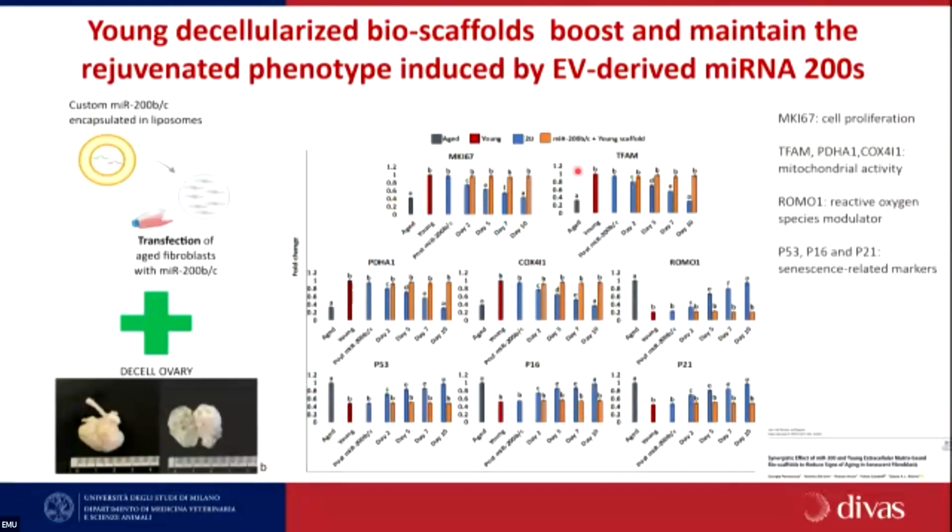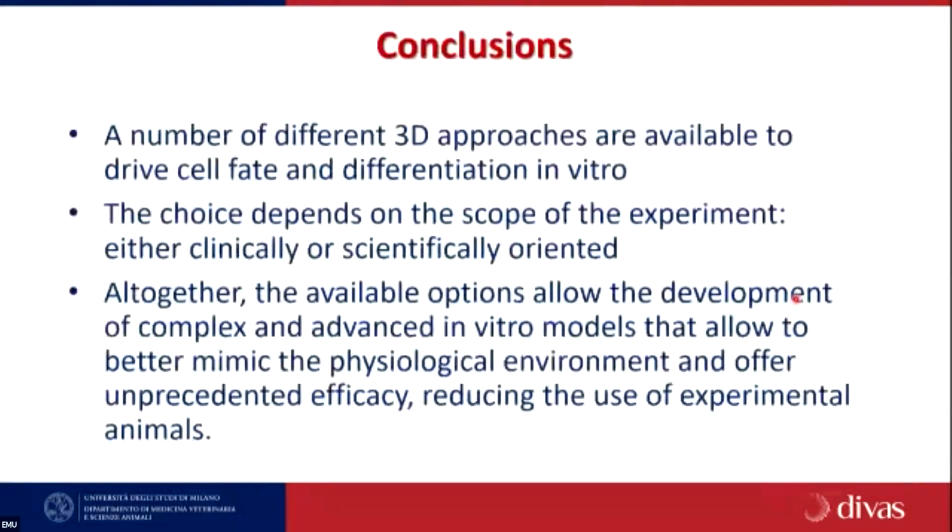You can see here in blue bars the rejuvenating effect, which is quickly lost in the absence of the scaffold, and here in red bars, it is maintained when we engraft the rejuvenated cells in the scaffolds.